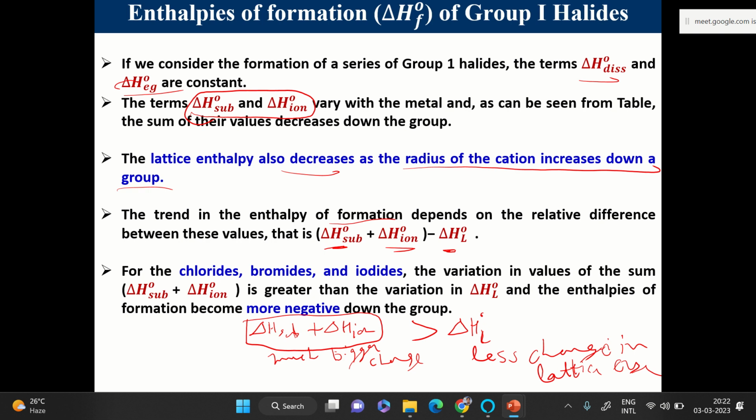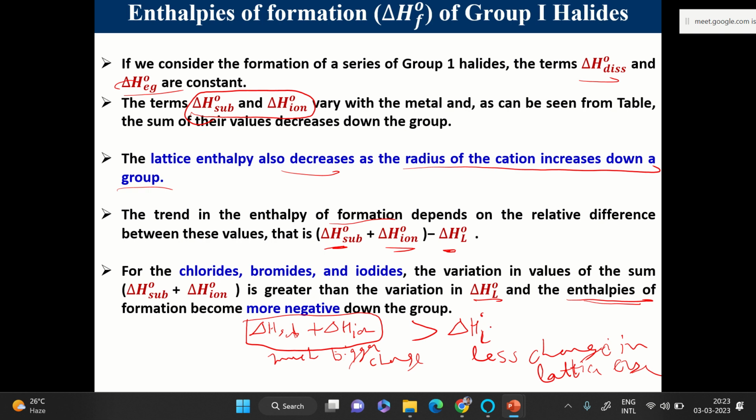Because of that, the overall thing will be that formation enthalpies will become more negative down the group.